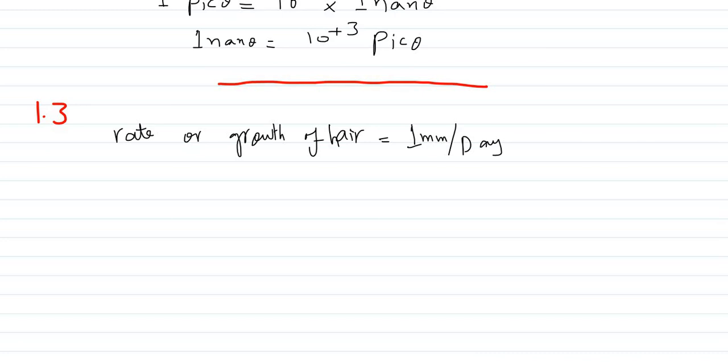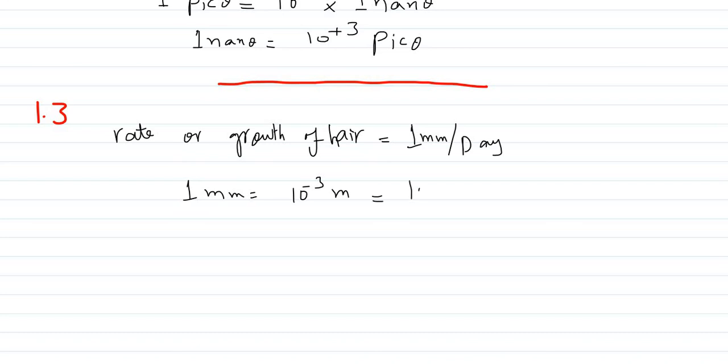You know that 1 millimeter is equal to 10 raised to power minus 3 meter, so we convert millimeter into meter. Now we have to convert it to nanometer. To convert it into nanometer, we need 10 raised to power minus 9.